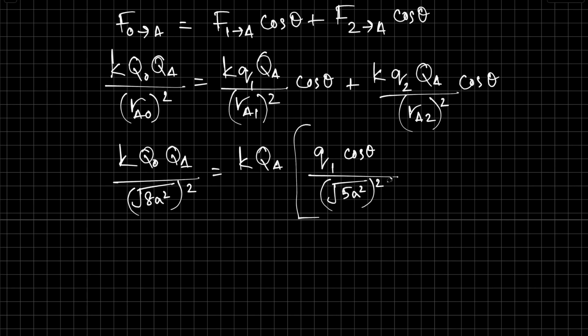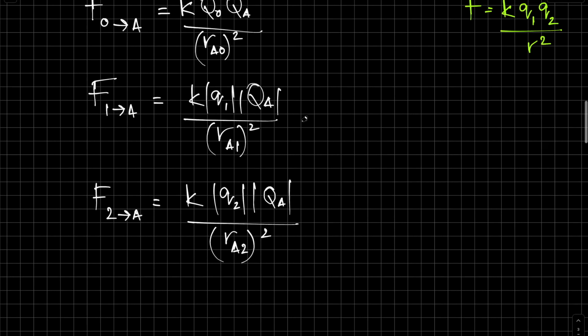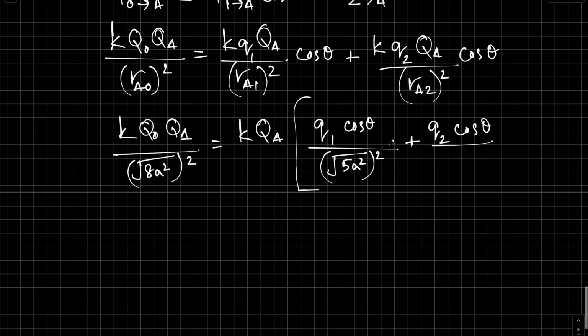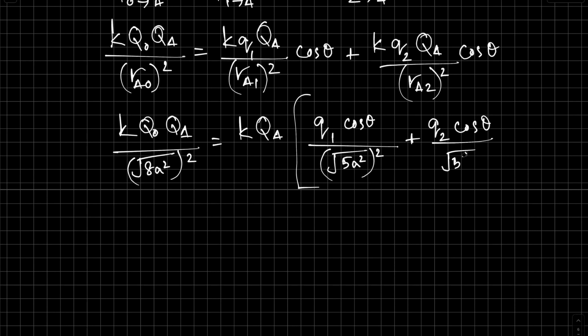We have another square here, that's why. Plus, again, K and QA are outside the bracket, so Q2 cos theta over RA2, which is same as RA1, root 5A square, the whole square.